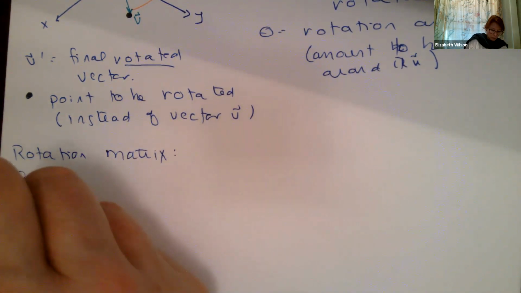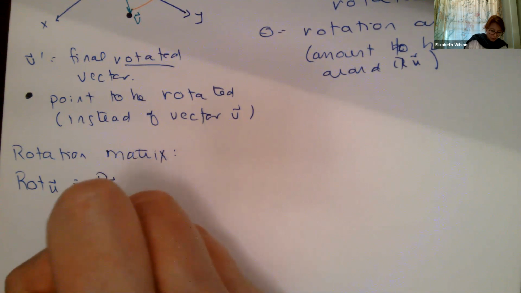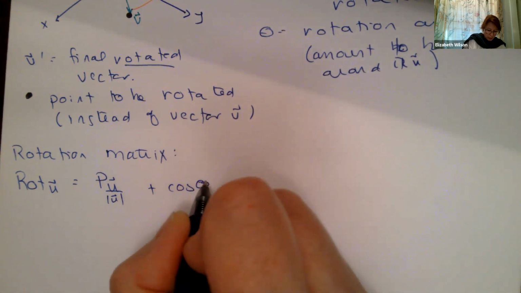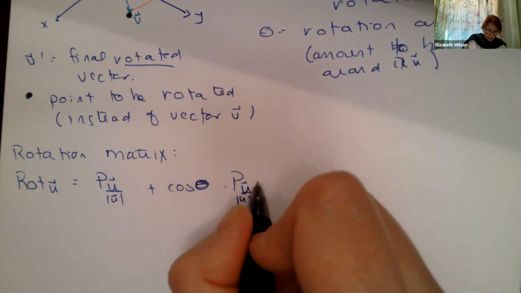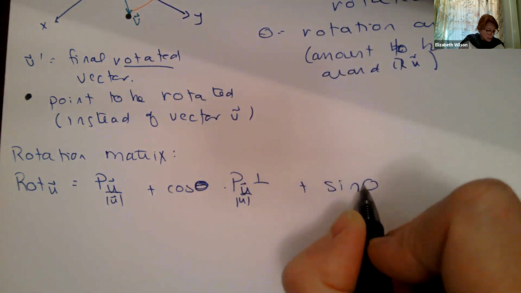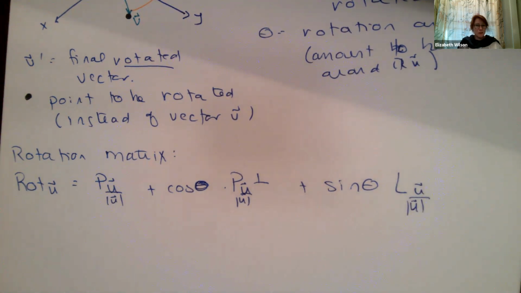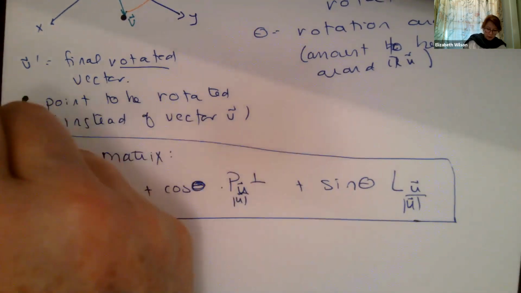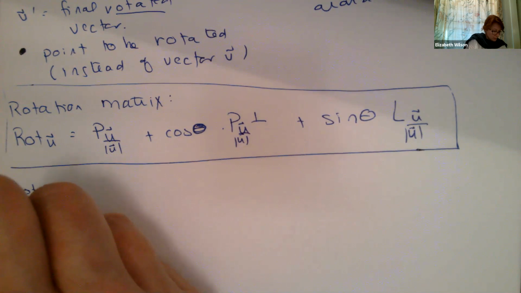So we'll call it rotation around u is equal to the projection onto the unit vector plus the cosine of theta times the projection perpendicular to that unit vector, plus sine of theta, and I'll tell you what this is in just a minute, times our left cross product. So let's write down what these things are. This is the piece that we're going to be working with. We're going to fill in the blanks on what all these things are, but first let's write down what they are and then we'll tell you the math on them.